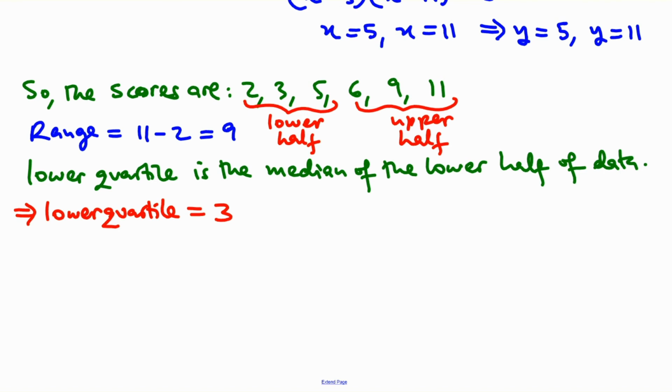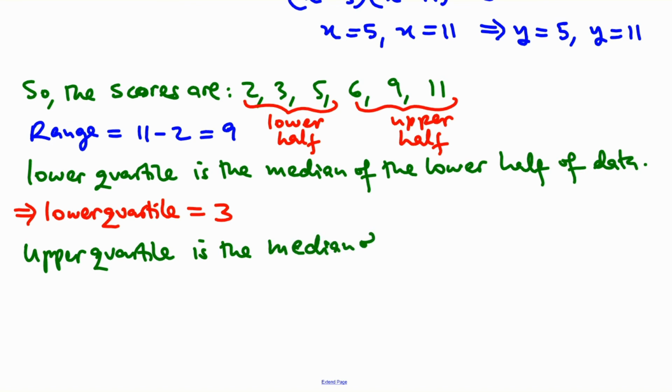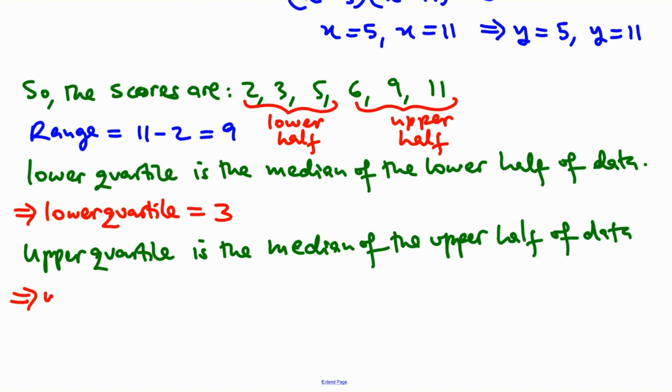And the upper quartile is the median of the upper half of the data. Now, if you look at this data here, we can see that the upper quartile is 9.